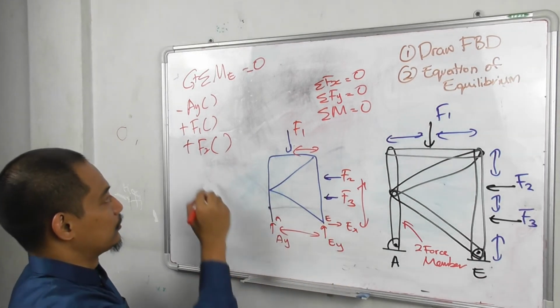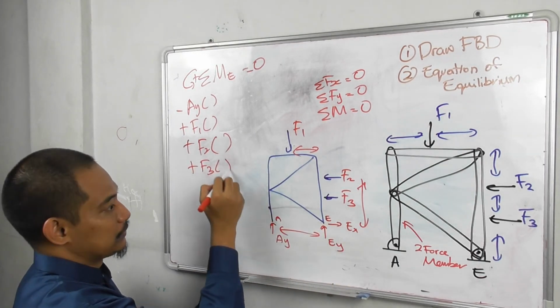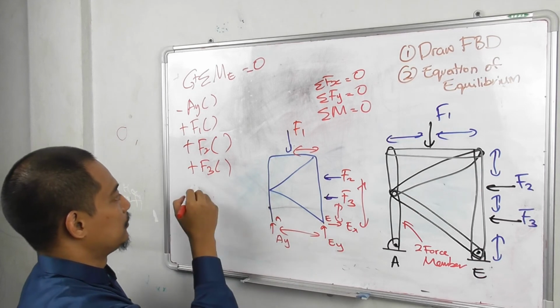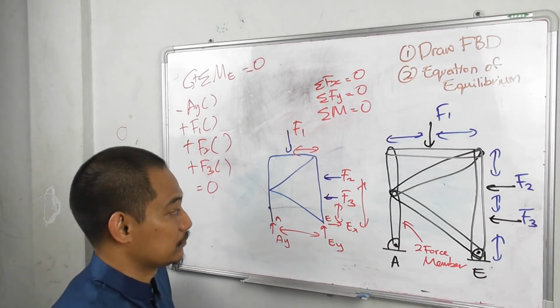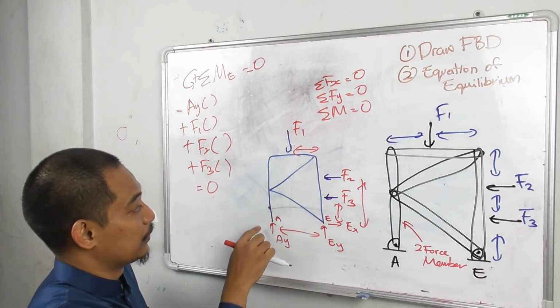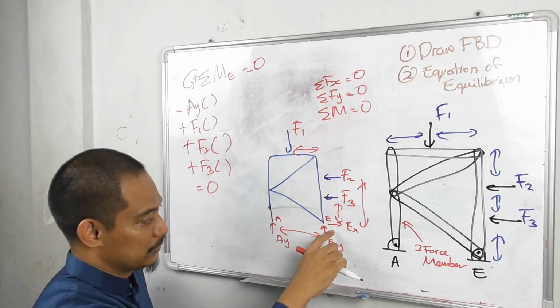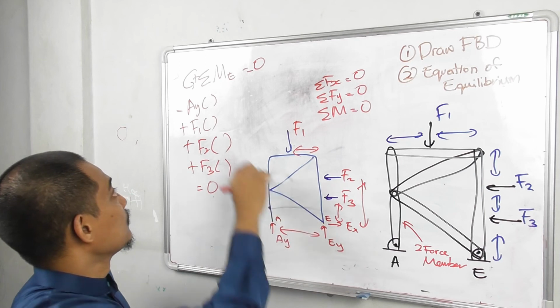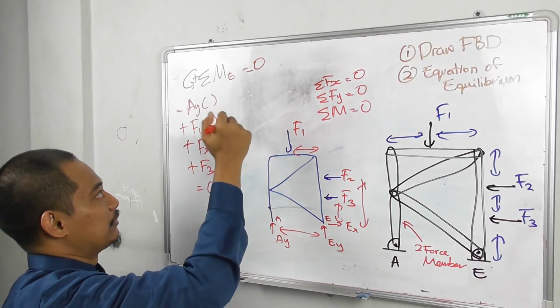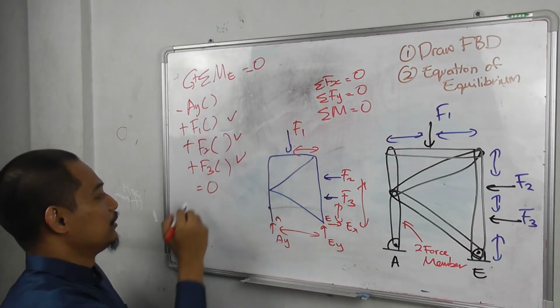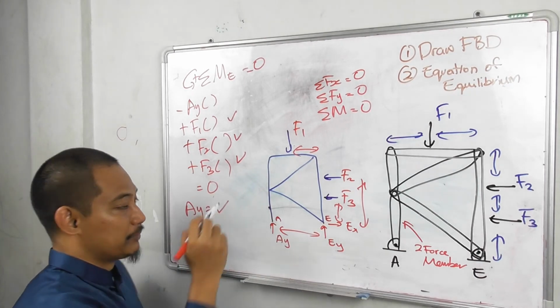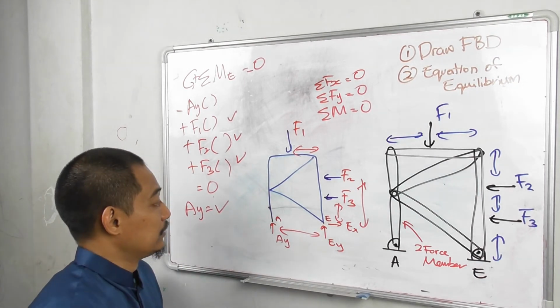Then this one counterclockwise also, plus F3 with the distance of this one, should be equal to 0. Because that's the 1, 2, 3, 4 forces that produce moment about point E. So from here, because these are all values that you know, you can get AY equal to something, right?